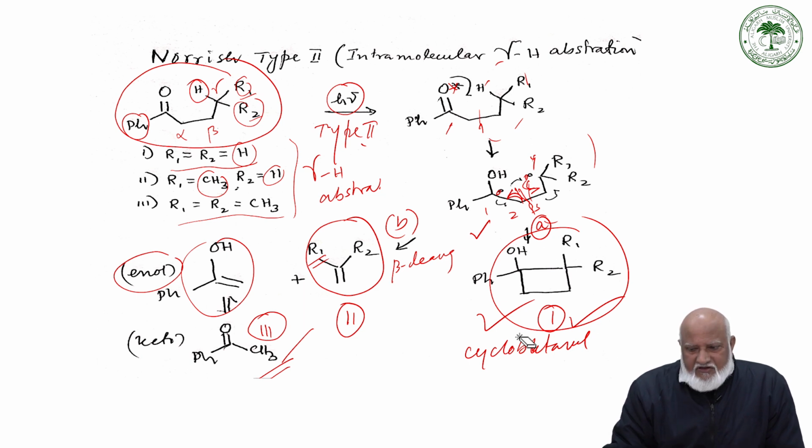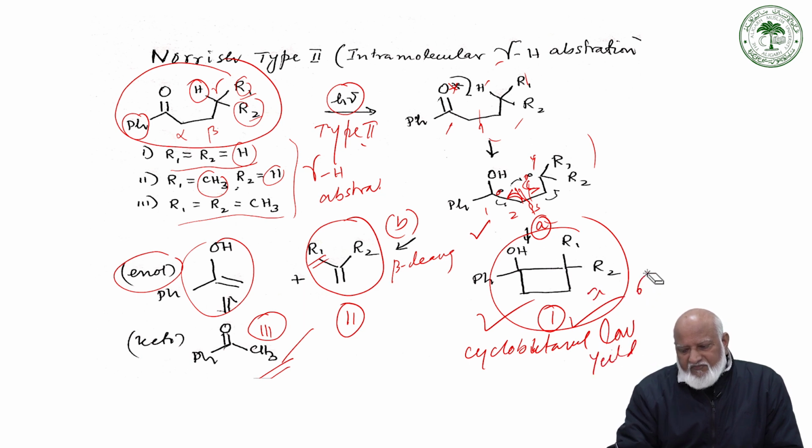So out of these three products, one of the products is most important, but the disadvantage in this reaction is that this product, the cyclobutanol, which is synthetically important, is formed in a very low yield, around 6%.